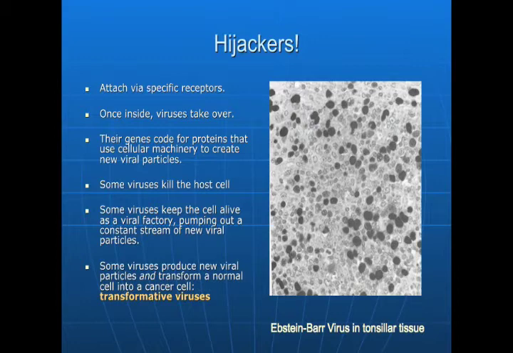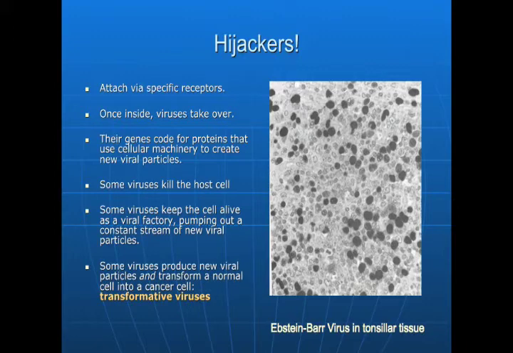They're hijackers. They attach to the cell via receptors. Once inside the cell, they take over. They have genes that code for proteins that use the cellular machinery to do one thing only, really, and that is to replicate themselves. They can keep the cell alive, pumping out more viral particles.